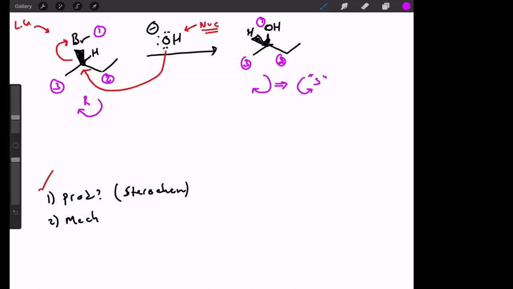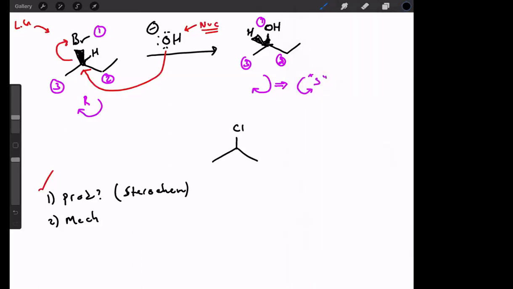The question is, do we always reverse the configuration? And the answer to that question is yes. When you're dealing with an Sn2 mechanism, the configuration of the stereochemistry is always reversed. Now, that means there has to be a stereocenter, right?